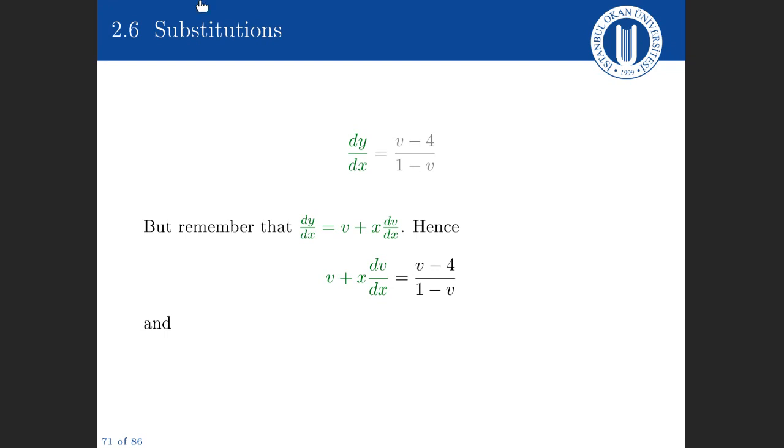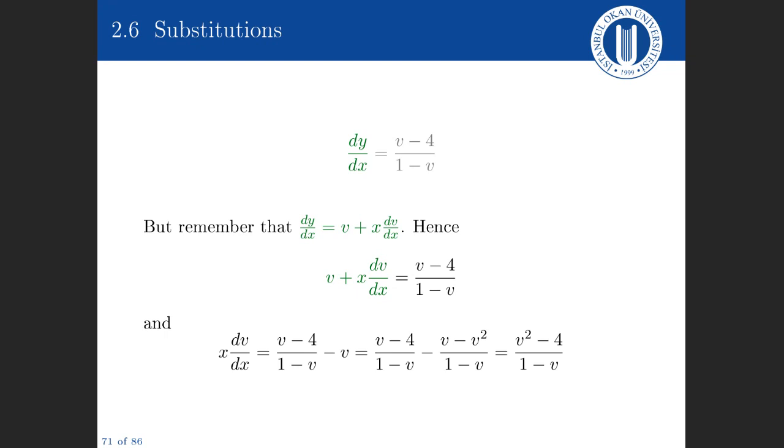If we take this v over to the right-hand side, put everything over the same denominator, we end up with x dv/dx is equal to (v squared minus 4) divided by (1 minus v). And this is a separable differential equation.